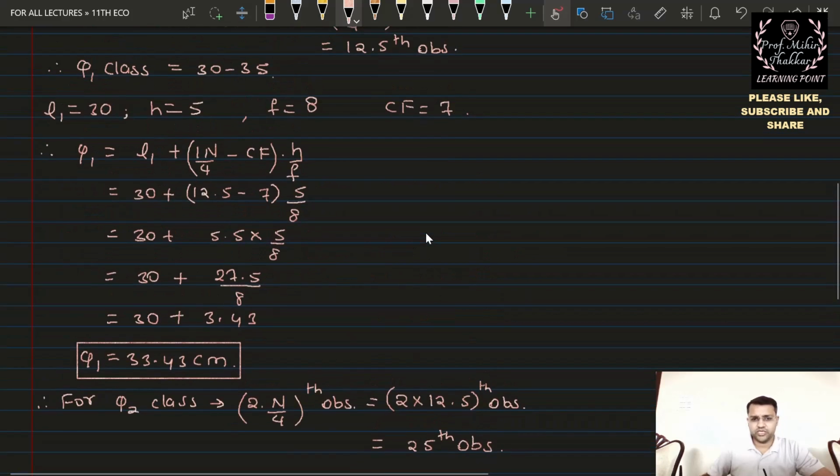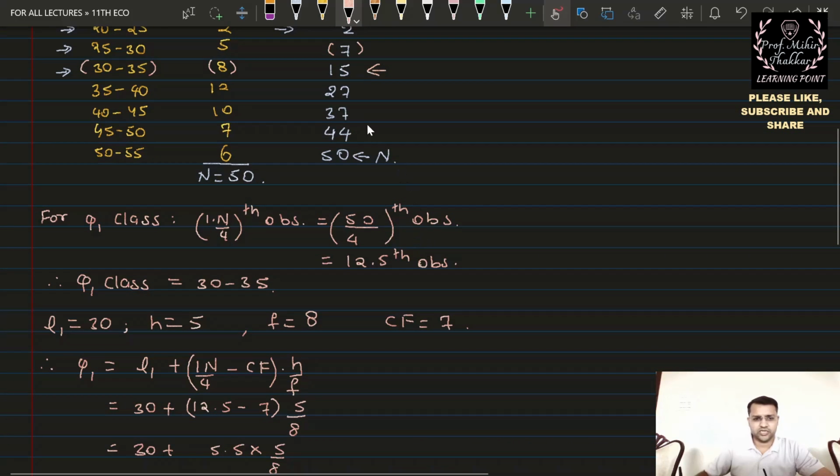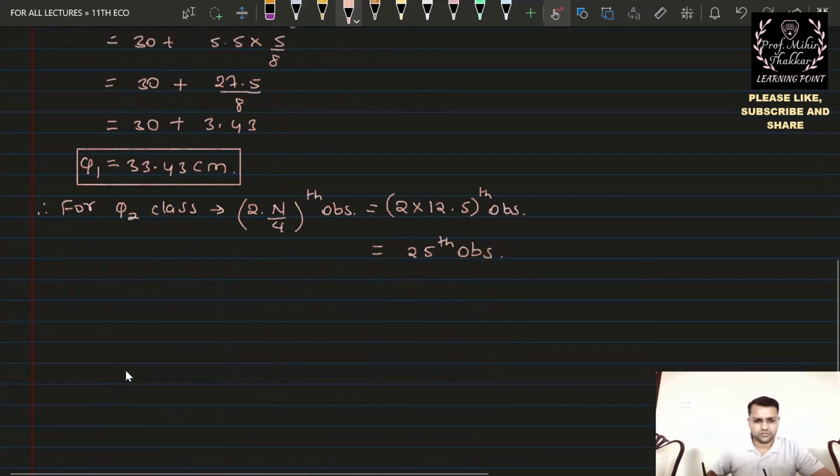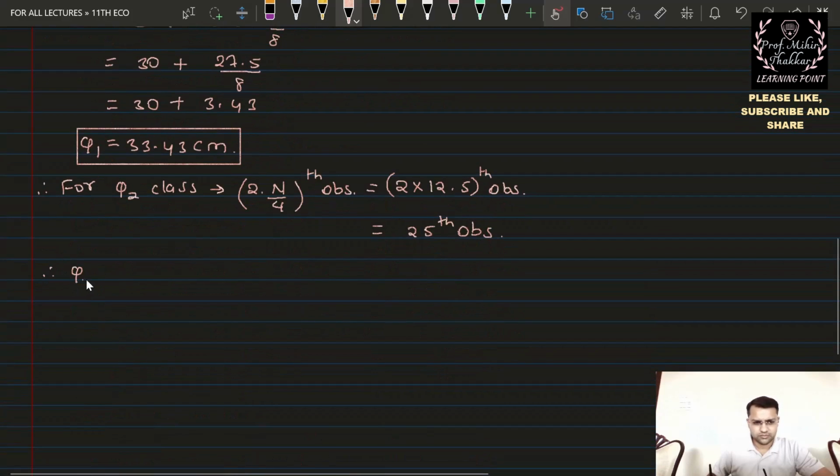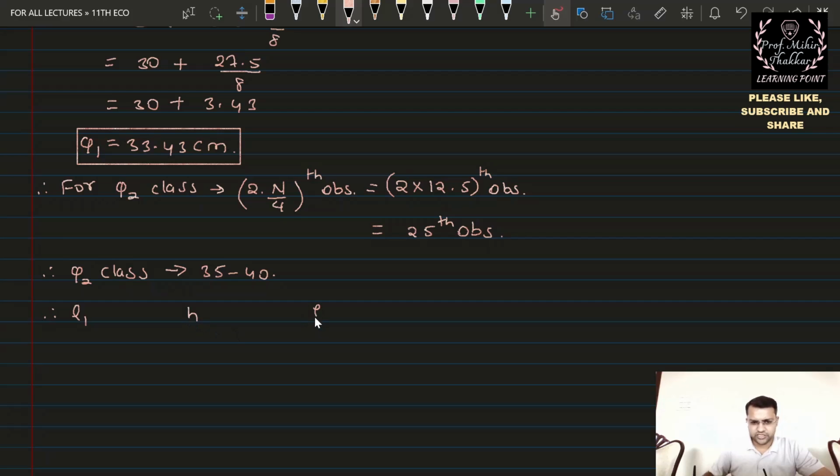So just find the cumulative frequency which is just greater than 25. I can see it is 27. So therefore, the corresponding class comes out to be 35 to 40. So I will write over here, Q2 class is 35 to 40, and find out all the known information: L1, H, F and CF.